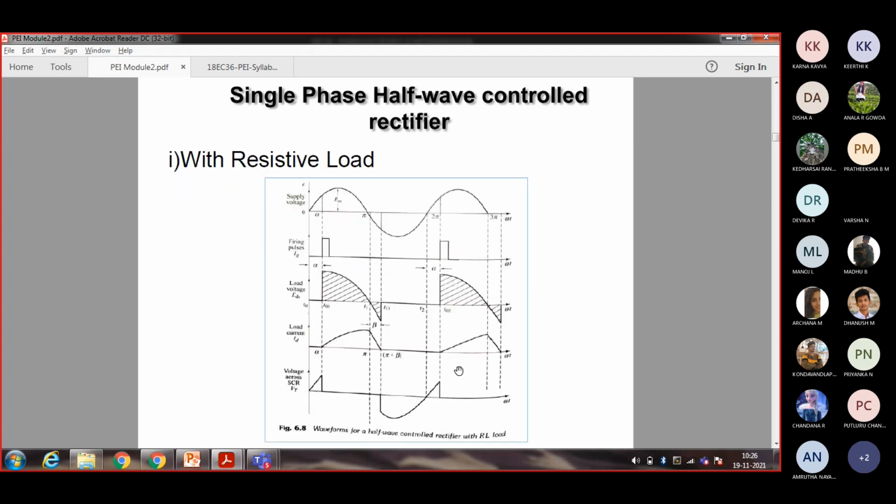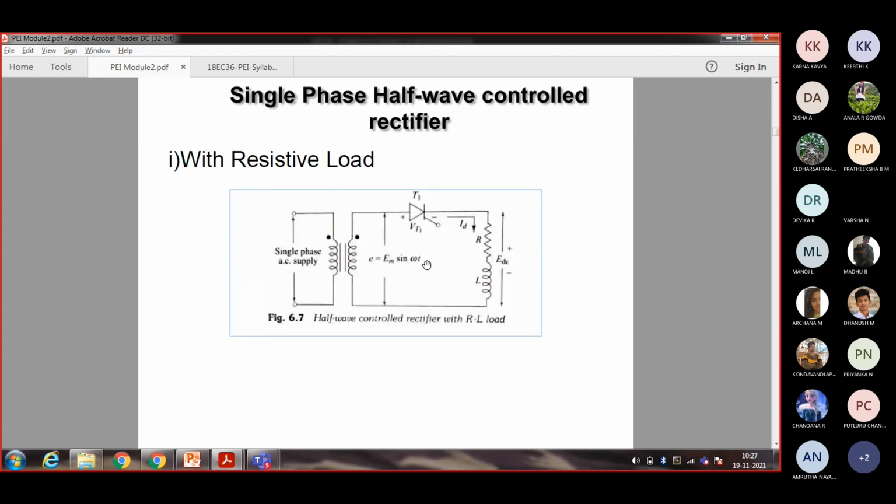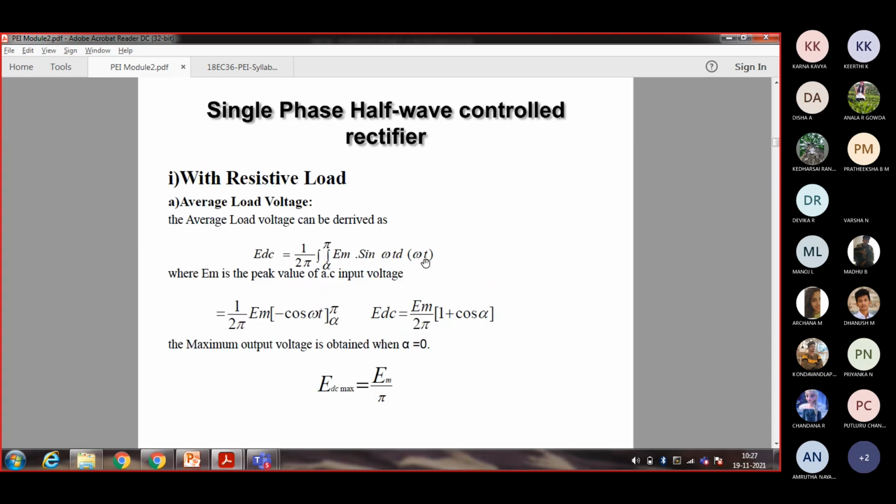See here, this is the input waveform, Em sin omega t, where Em is the peak voltage of the AC signal. When you go for integration, it is 1 by 2 pi Em into minus cos omega t, from alpha to pi. The limits alpha to pi are given over there.